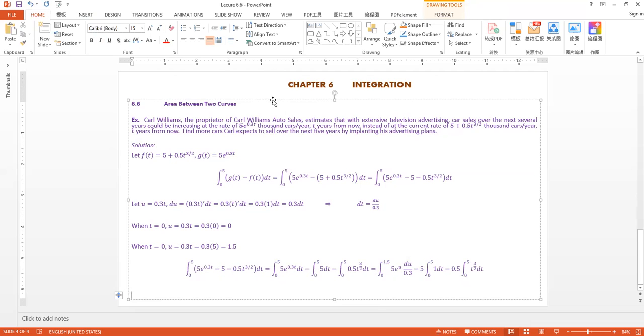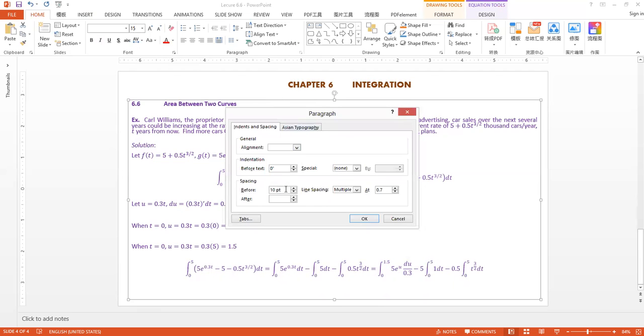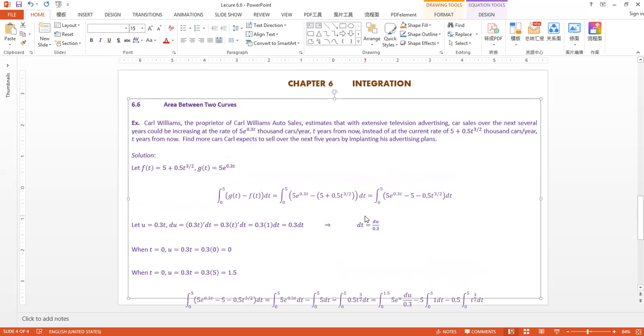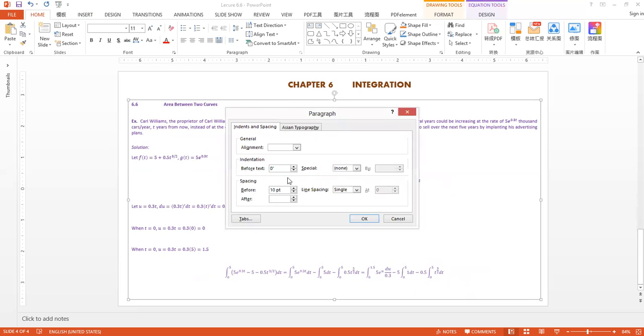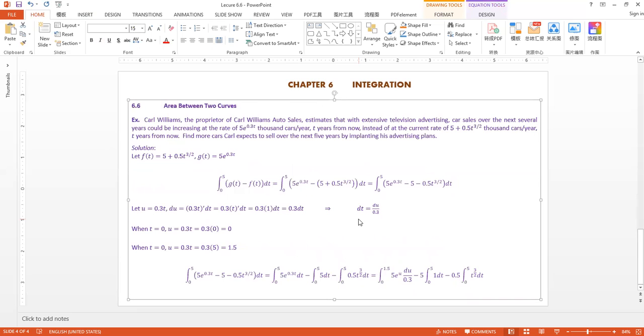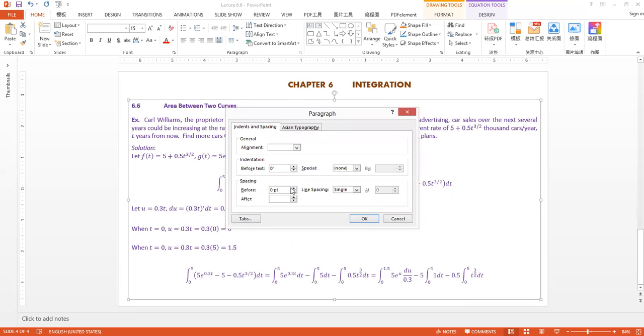Okay. Paragraph. We don't need single. Okay, we don't need let's just put 0 here. Okay, so that looks a little better. Everything is after is also 0.